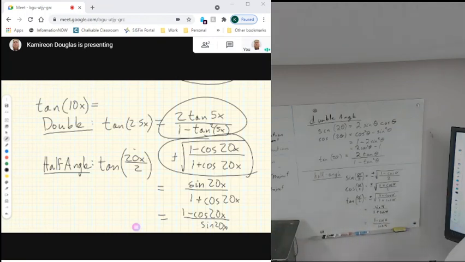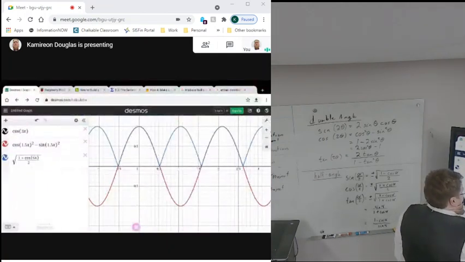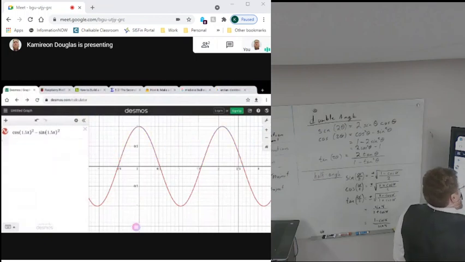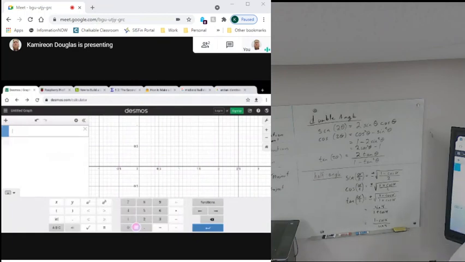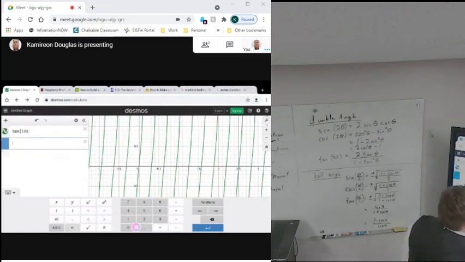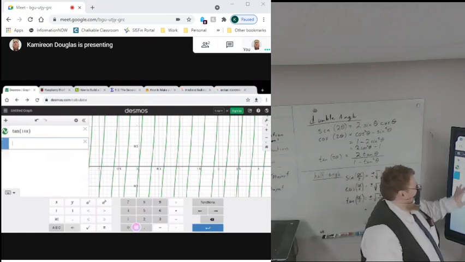All right, these are fun. Tangent is always fun. Let's go to Desmos. My original equation was tangent of 10x. Okay, so first of all, that's kind of cool. But you know, it's tangent. All right.